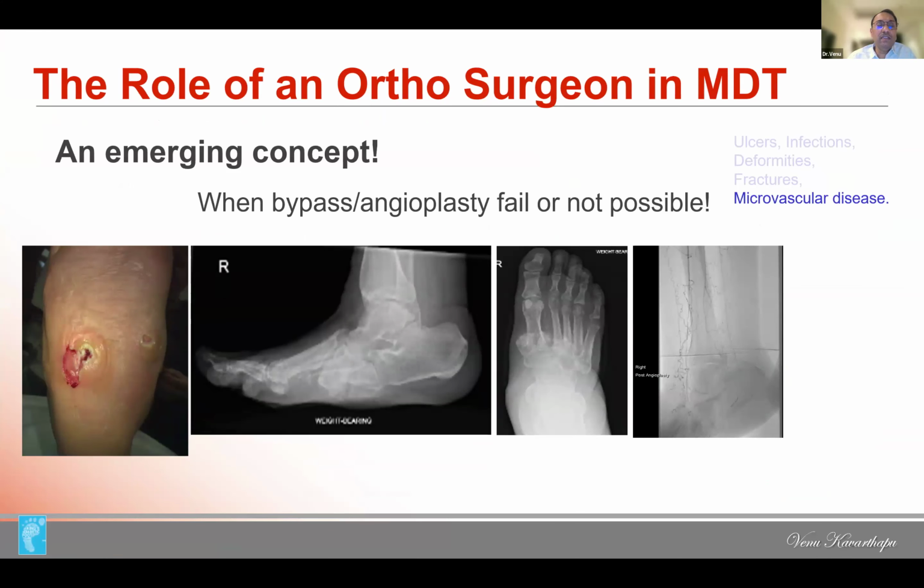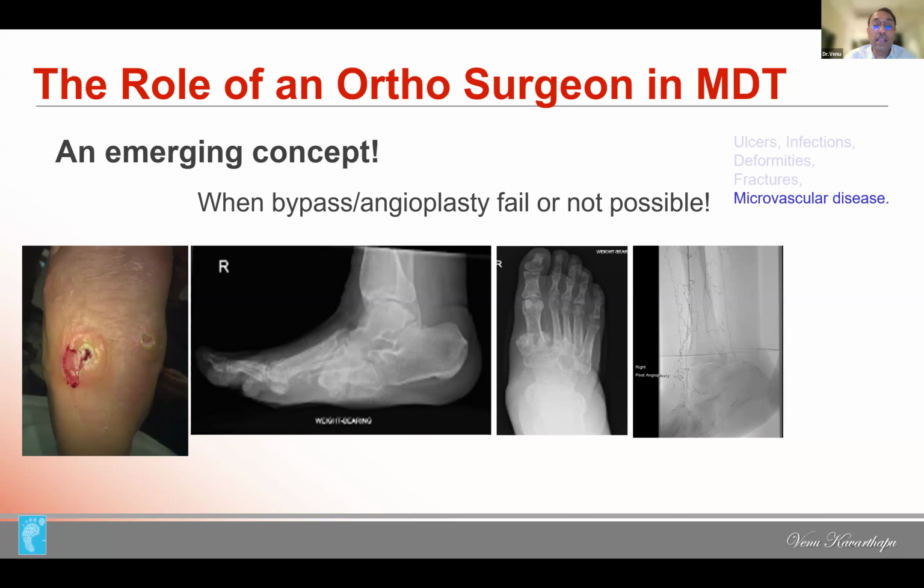But more recently, we have been involved in managing these type of pathologies where ischemic Charcot foot with a no option ischemia, what the vascular colleagues describe, and we have a very aggressively active vascular unit, and they do below the ankle bypasses and endovascular procedures very routinely, but sometimes it is not possible.